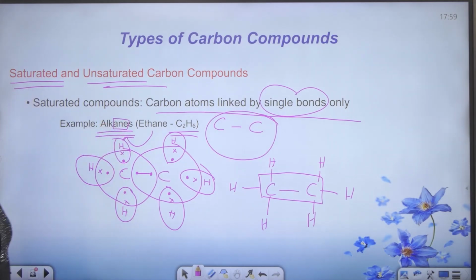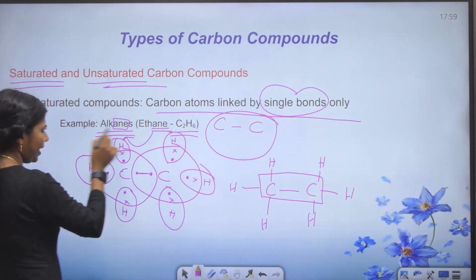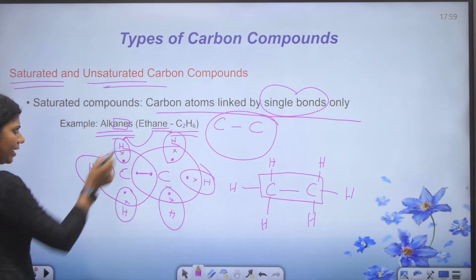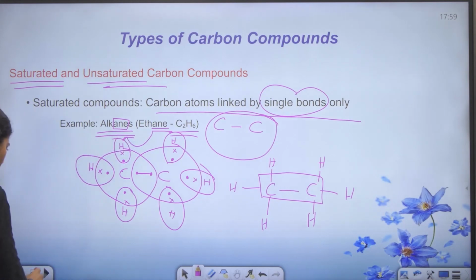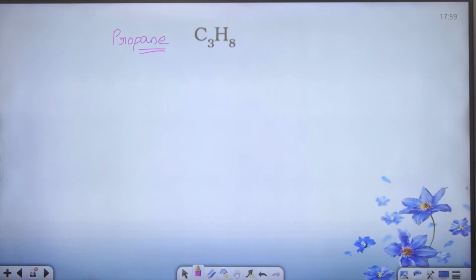Ethane ends with -ane, so ethane is an example of an alkane. Propane also ends with -ane, so propane is an alkane. Draw the structure of propane. How to draw?